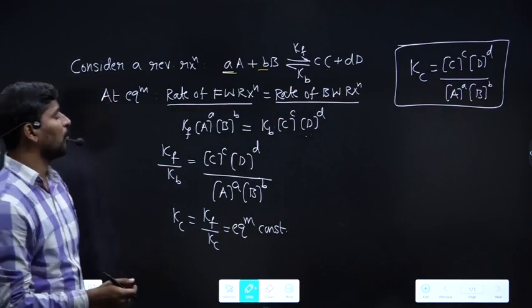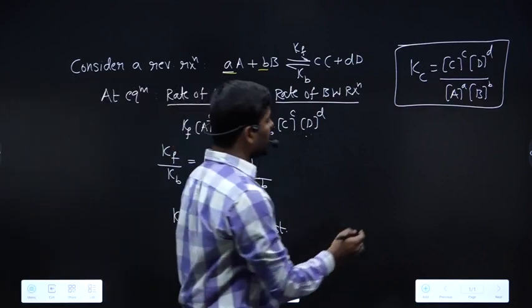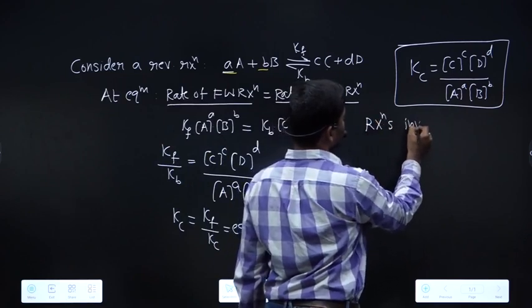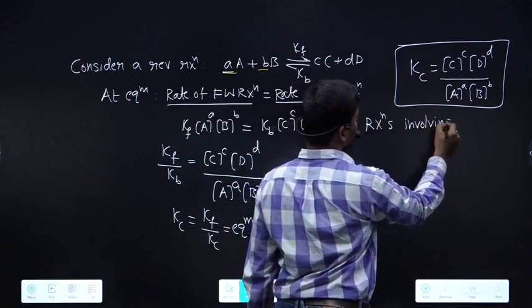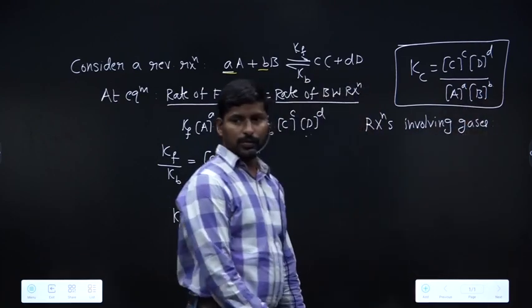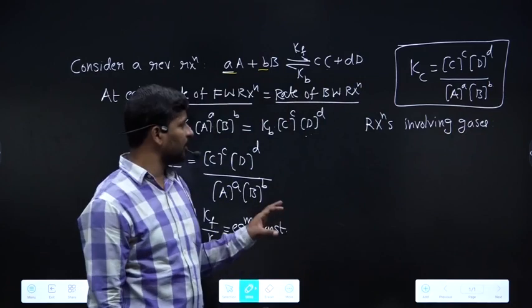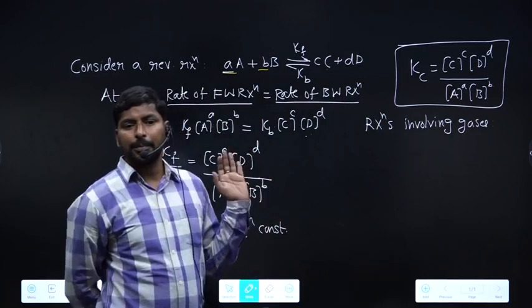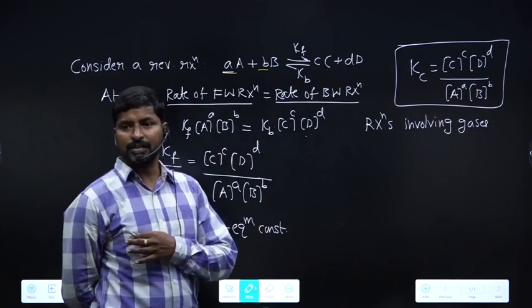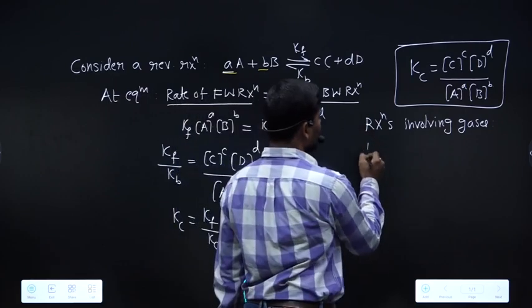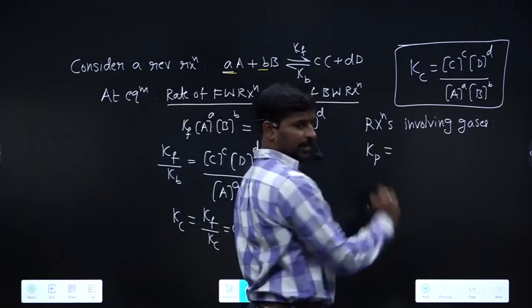Now, if you consider reactions involving gases, we express concentration with respect to pressure, and so we get the equilibrium constant with respect to pressure.